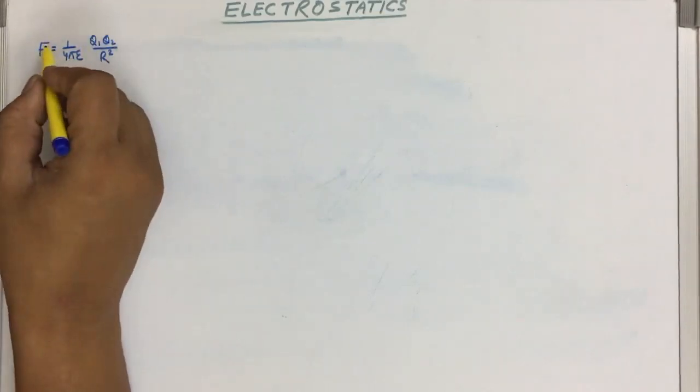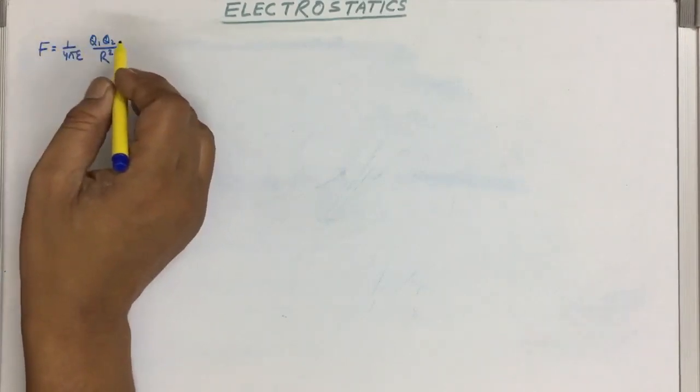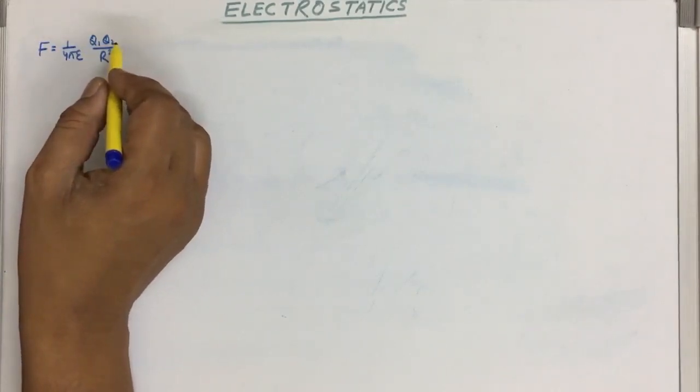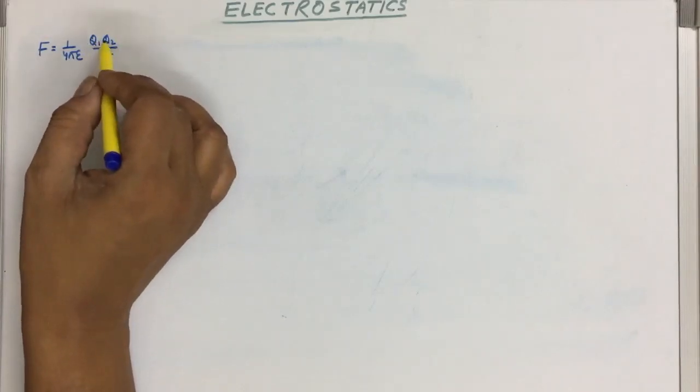However, we know that force is a vector quantity, so we have to consider the direction of the force acting. In the previous slide, we have seen that the force will always be along the line joining these two charges.